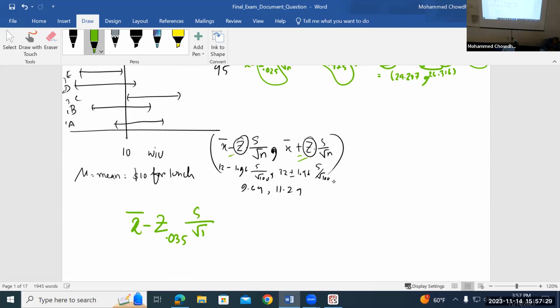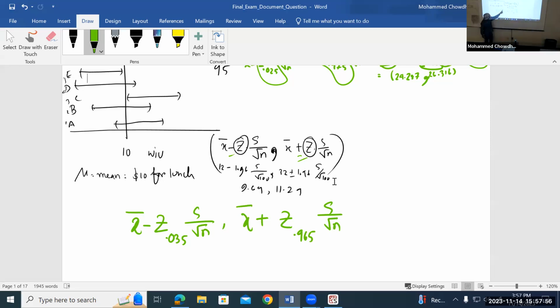S over square root of N, comma, X bar plus Z 0.965, S over square root of N. So find this value. Compute this value for me, and I want to see who can do it quickly.